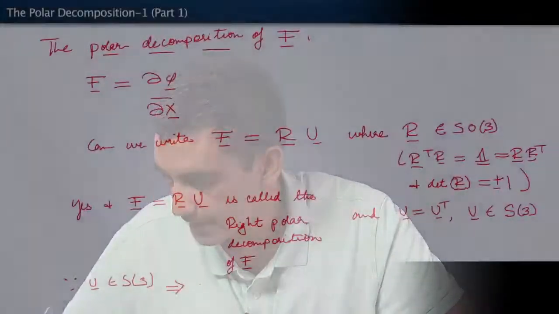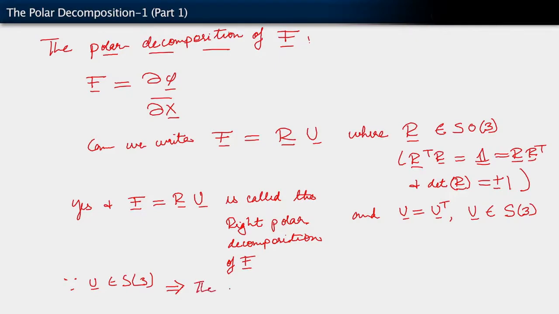What this implies is that the eigenvalues of U are real. Okay, they are real numbers. And let's denote those eigenvalues as lambda 1, lambda 2, lambda 3. These belong to reals, okay? And the eigenvectors can be orthonormalized.